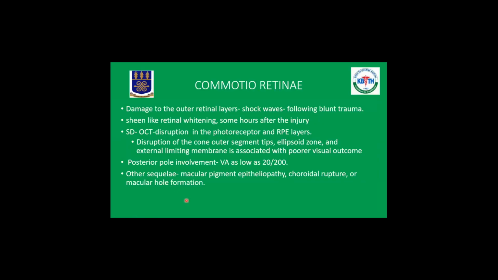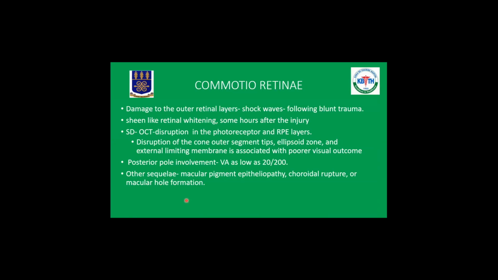So commotio is damage to the outer retinal layers due to shock waves following blunt trauma. And we've already described the retinal whitening that occurs after the injury. We've shown OCT changes also.